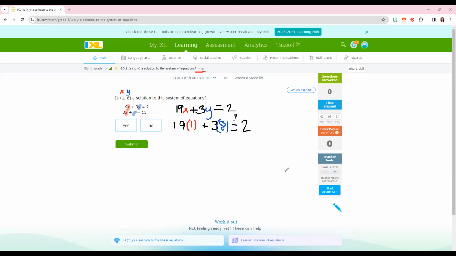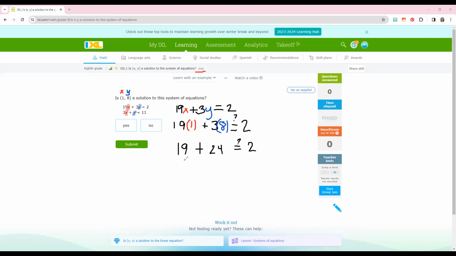So now we just need to simplify the left side of our equation, and we can do that by using order of operations. So order of operations tells us that multiplication is going to come before addition. So 19 times 1 is just 19, and then 3 times 8 is 24. And we're trying to figure out if that's going to be equal to 2 or not.